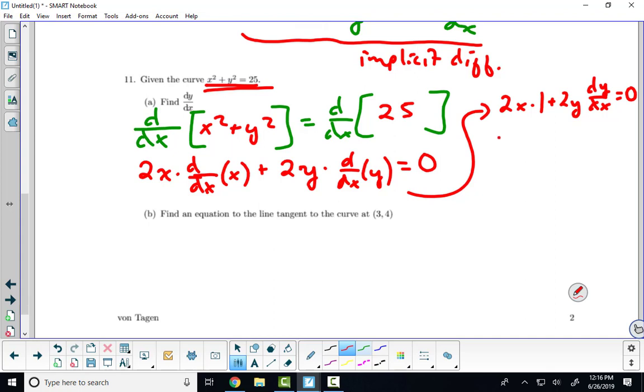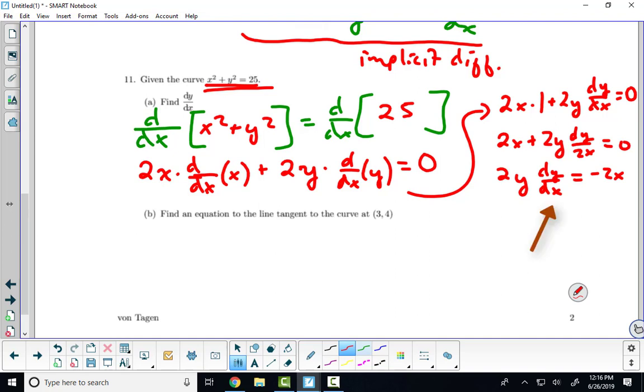So this gives me 2x plus 2y dy/dx equals 0. So that gives me 2y dy/dx equals negative 2x. And who am I solving for here? dy/dx.